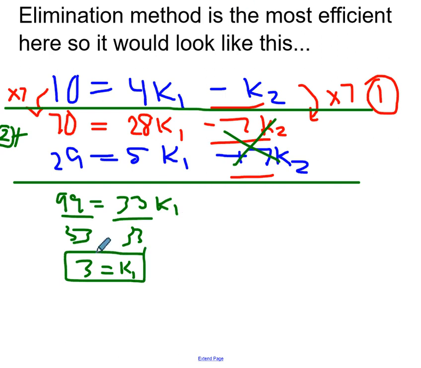Step number 3, how can I figure out my k2? I can use one or the other. I'm going to use the second one, but it doesn't matter really. So I'm going to take 29 is equal to 5 times 3 plus 7k2.